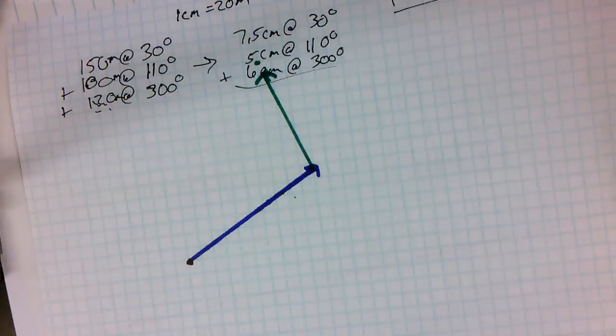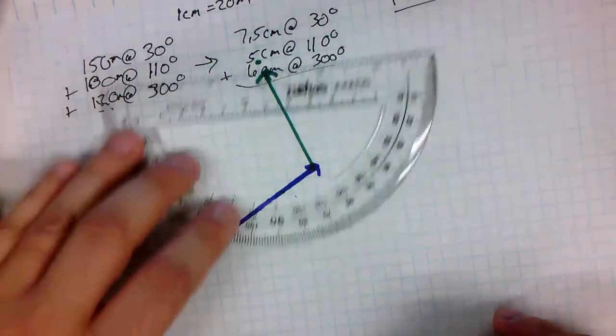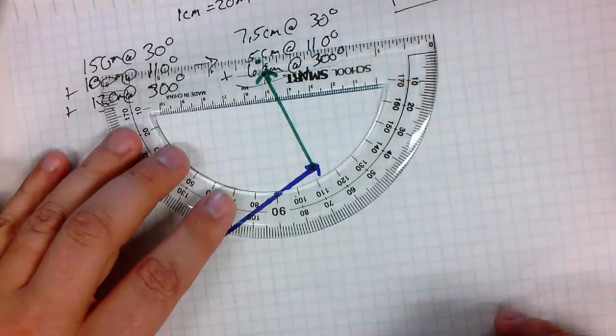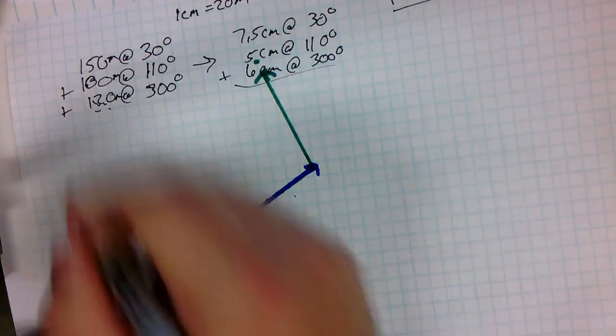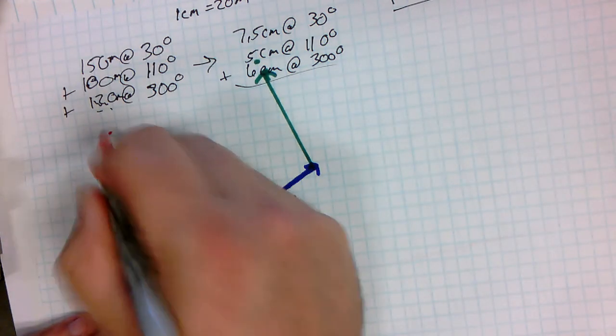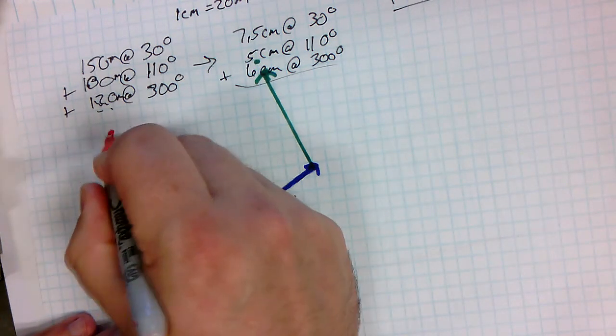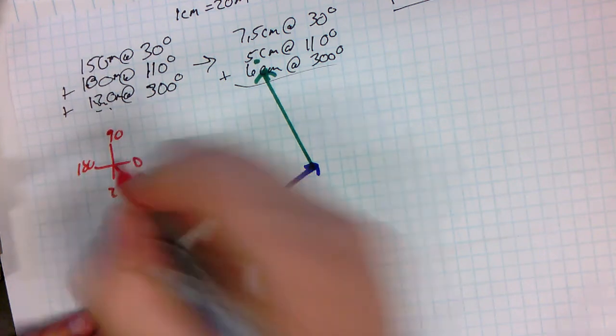I then am going to draw my last vector, which is 6 centimeters at 300 degrees. So I am going to line up my protractor, and I'm going to flip it over this time, because on the protractor, if you remember from what I said before, we have 0, 90, 180, 270, and 300 would be down this way.